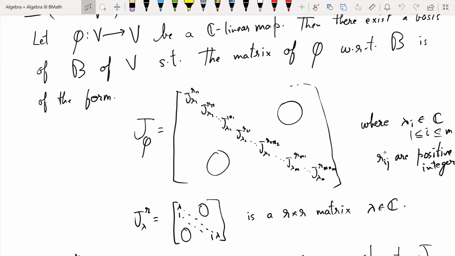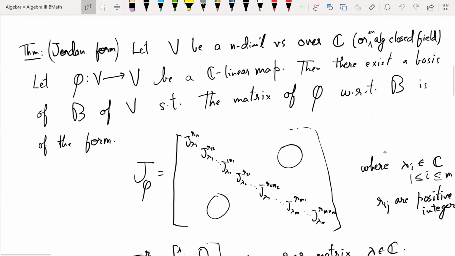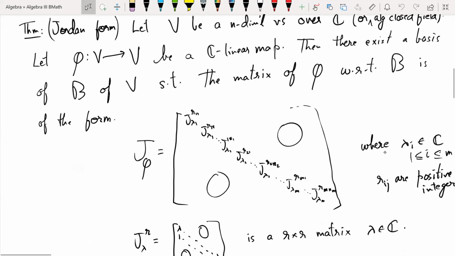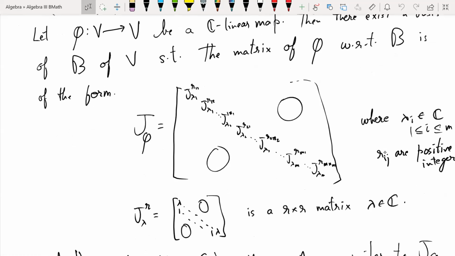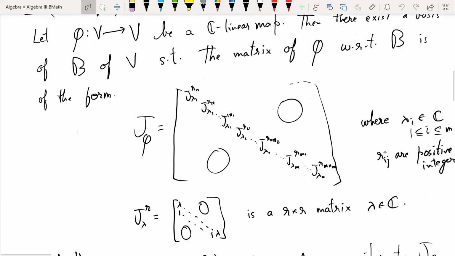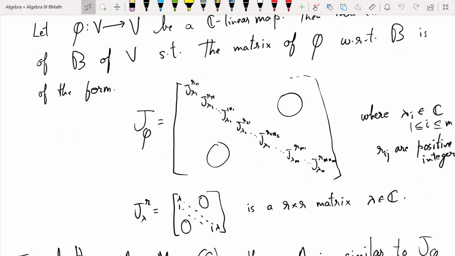You must have seen how to diagonalize a matrix, meaning without changing the similarity class, so to speak. You may not be able to diagonalize every matrix, but you can always get it in this Jordan form. If you are over complex numbers, you can always get to this form.